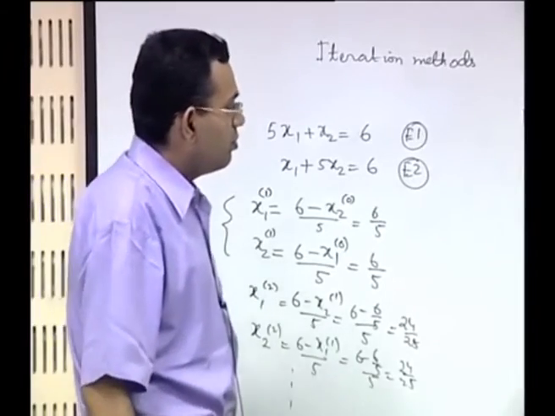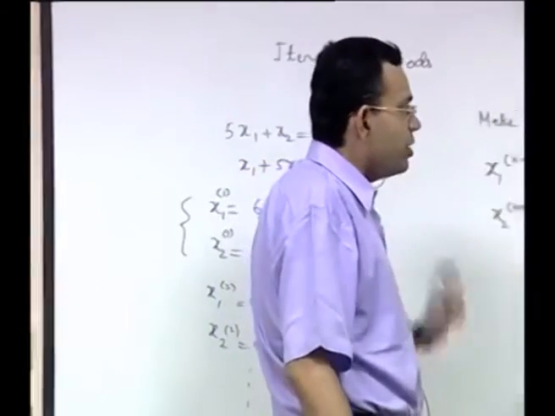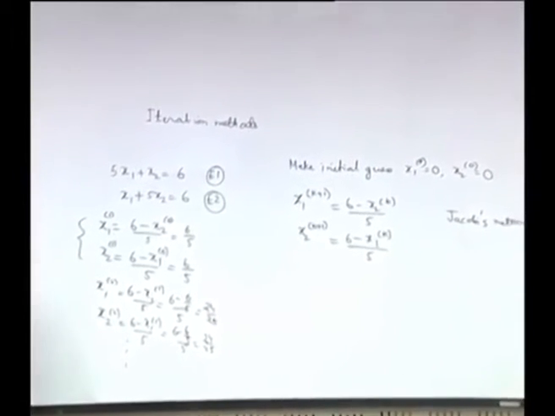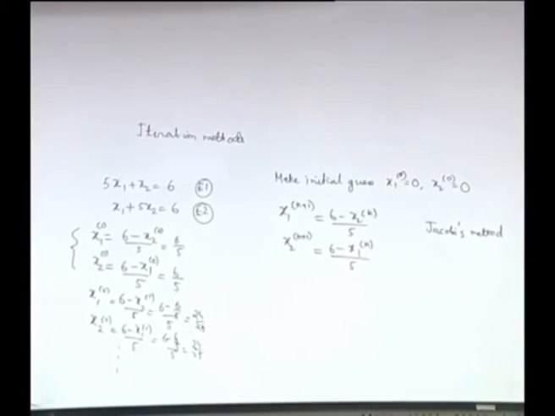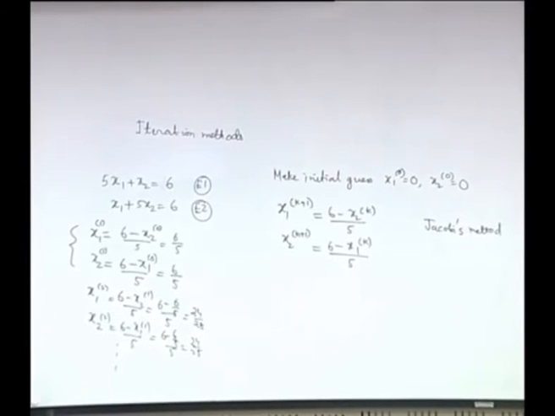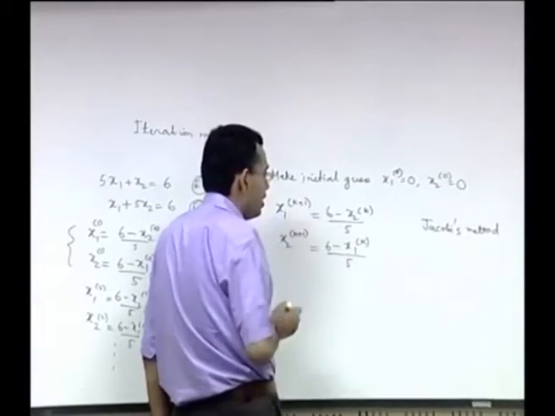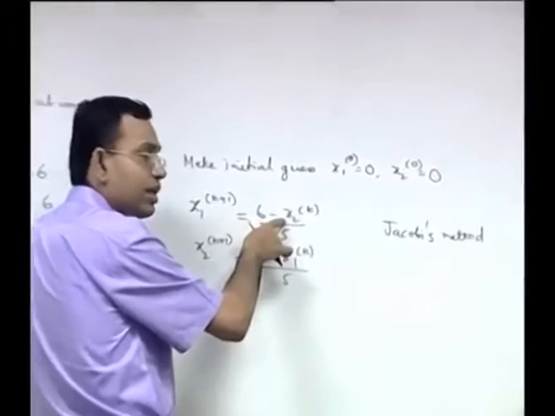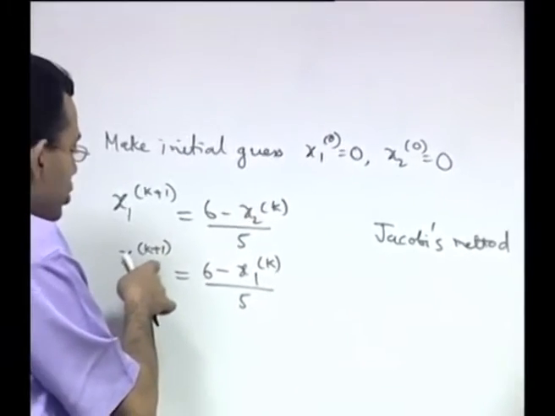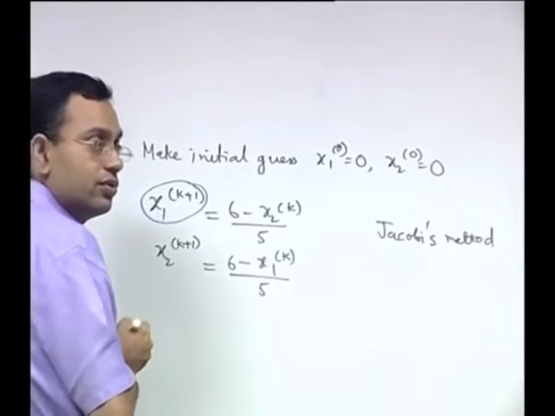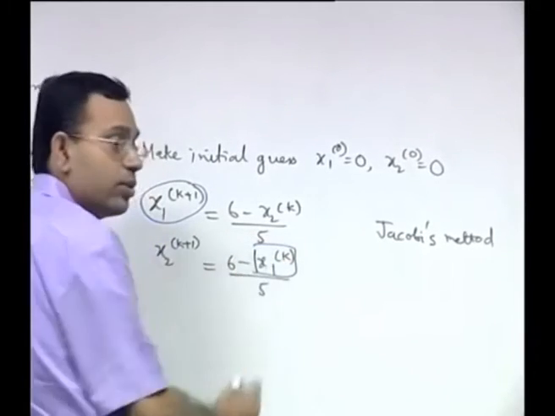Now what we see in the Jacobi's method is something very interesting, and which is perhaps one of the issues that tends to slow down the method a bit. So when you are calculating x1 k plus 1, you can use x2 k. When you are calculating x2 k plus 1, x1 k plus 1 is already available to you, but you are still using x1 k.